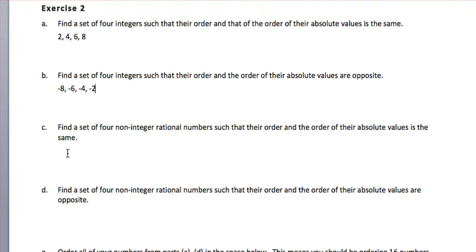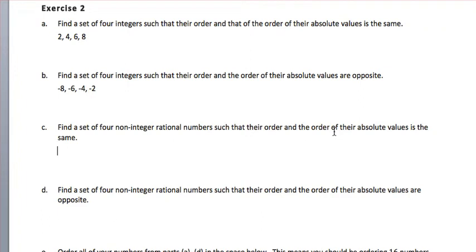2c asks us, find a set of 4 non-integer rational numbers such that their order and the order of their absolute values is the same. And so in the same way, you could have an infinite number of combinations, but all of your numbers must be 0 or positive in order for the order of their absolute values to be the same.